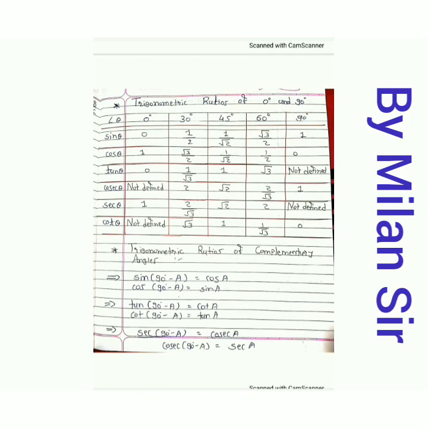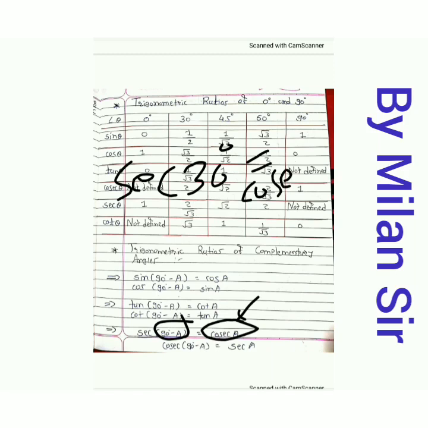And same thing we can see in sec and cosec. Again, this time put the value A equal to 60. So here 90 minus 60, that means 30 is equal to, here put the value of A equal to 60, so cosec 60. sec 30 is equal to cosec 60.